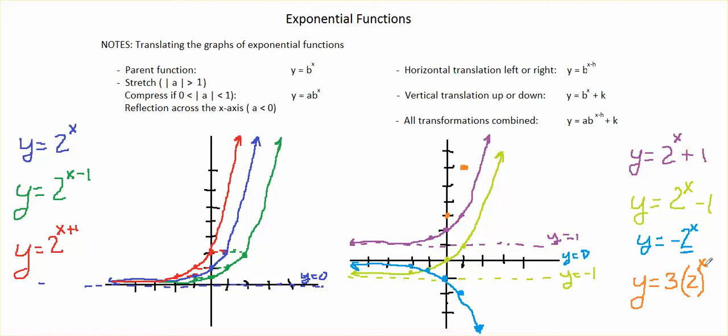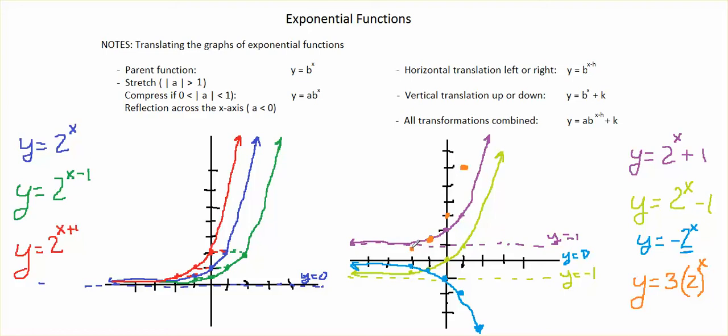Let's see if we stick in -1. We get the reciprocal of 2 is 1/2 times 3 is 1 1/2. So we are at 1 1/2 right here. Let's go ahead and stick in -2. 1/2 squared is 1/4 times 3 is 3/4.